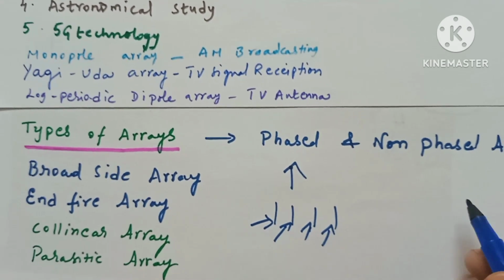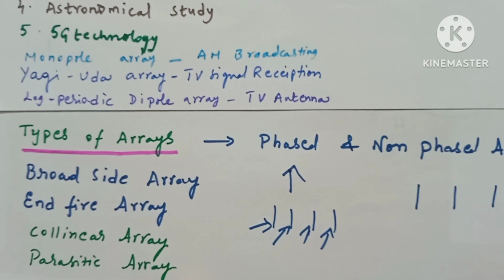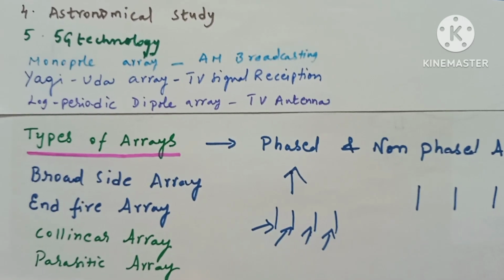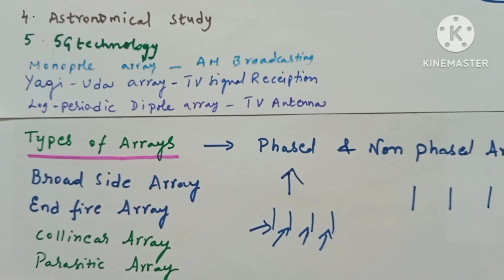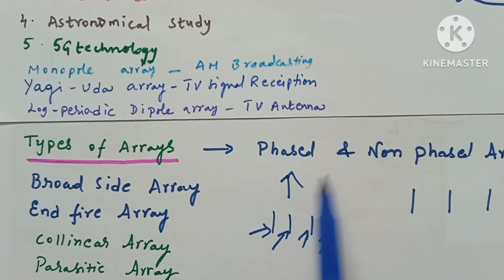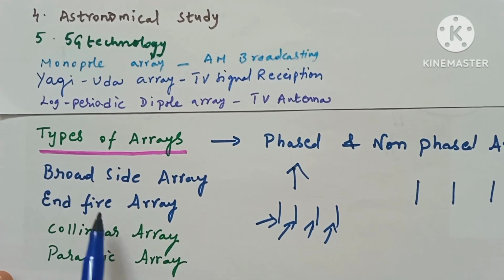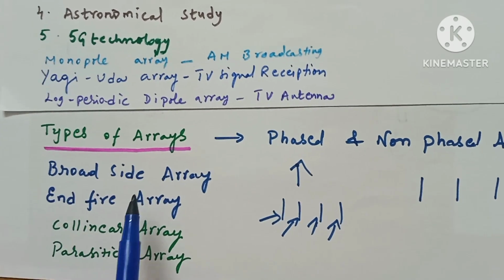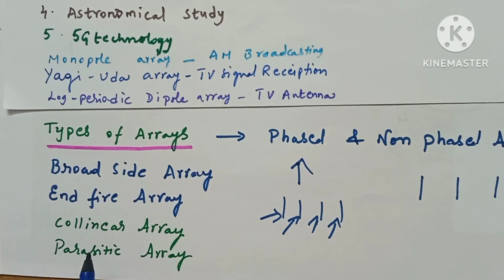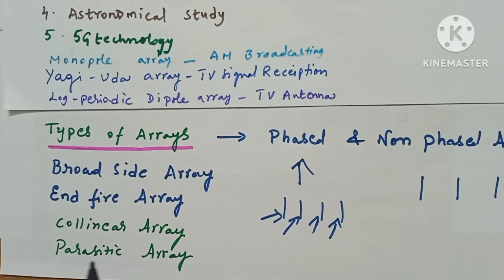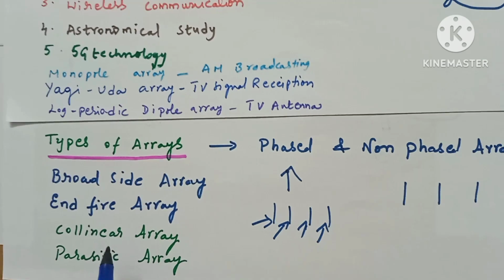If you are not applying any phase difference, and you are just using your antennas in a normal arrangement one by one like this without applying any phase shifts, it comes under the category of non-phased arrays. But in most practical cases we use phased array antennas. Again, the sub-classifications are broadside array, end-fire array, collinear array, and parasitic array. These are the most used types of array antennas in the outside world, and along with these some more types of arrays are also there, but these are popularly used.